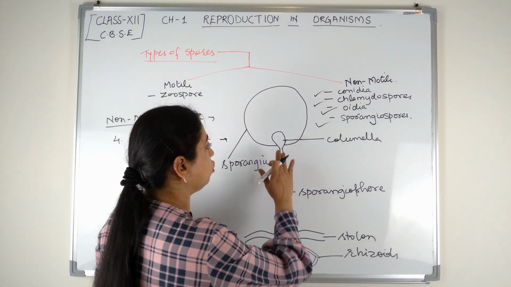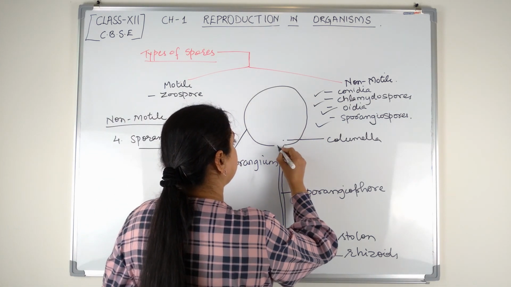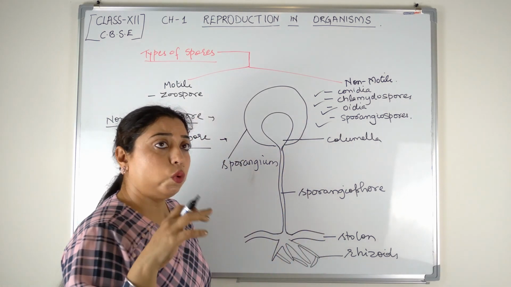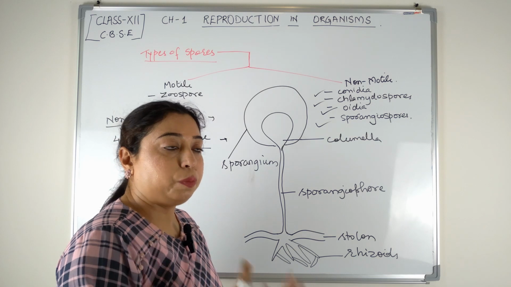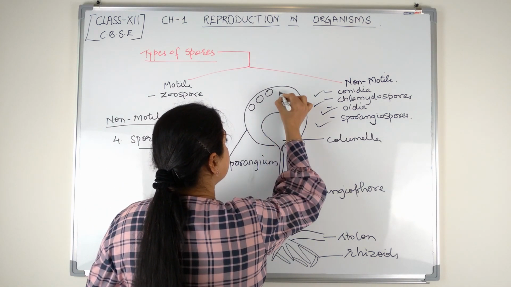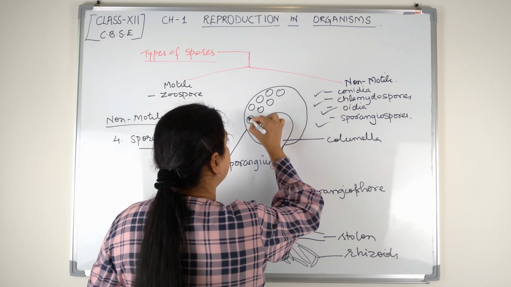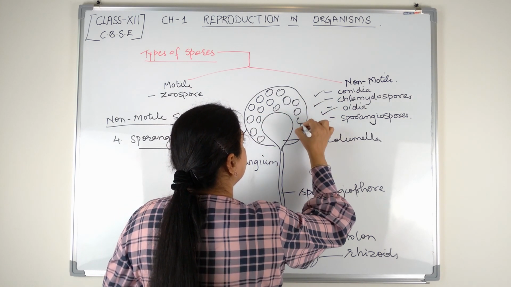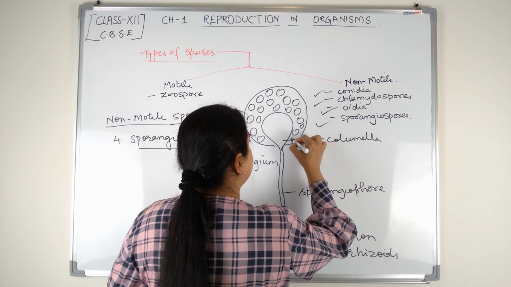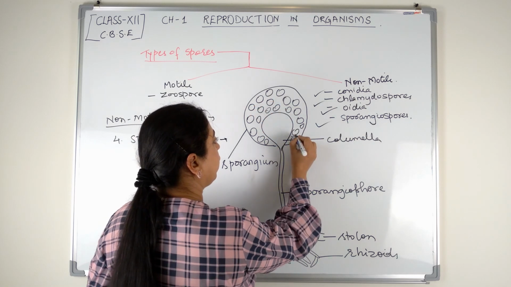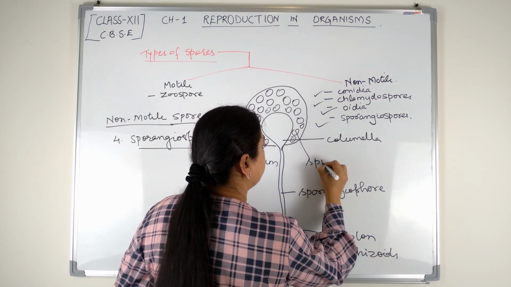Sporangium is the structure which is going to produce spores inside it, right? So a large number of spores are formed inside the sporangium. So these spores are known as sporangiospores.